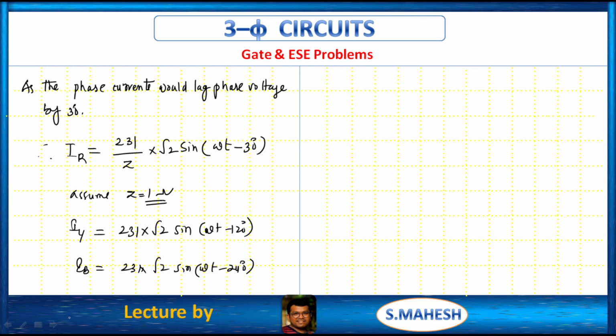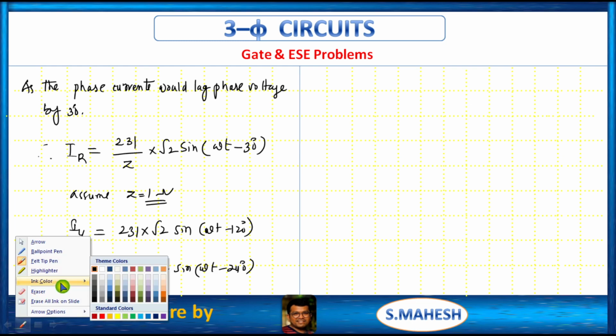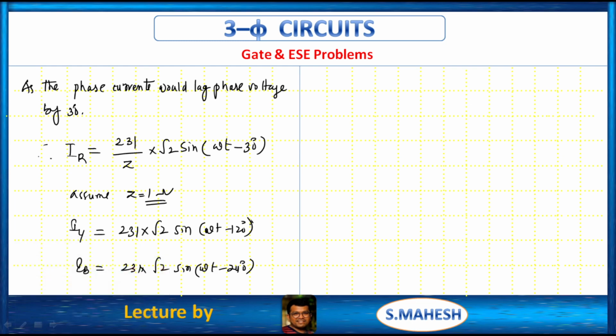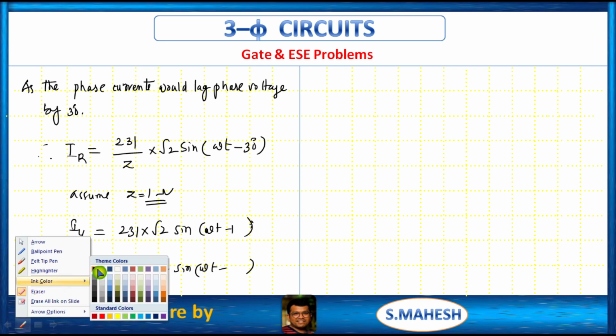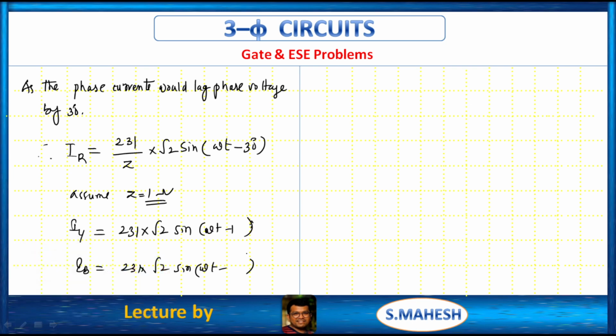Sorry, minus 120 minus 30, we have to add 30, right? The phase current would lag phase voltage by 30 degrees.